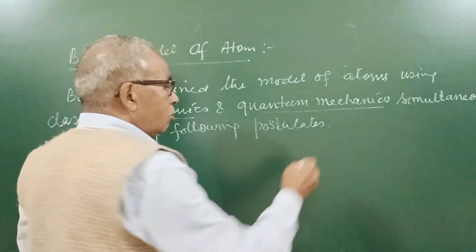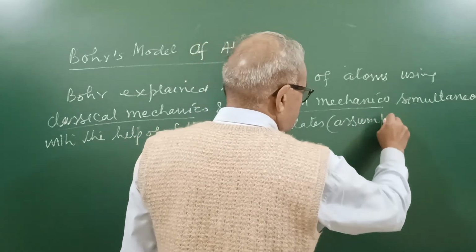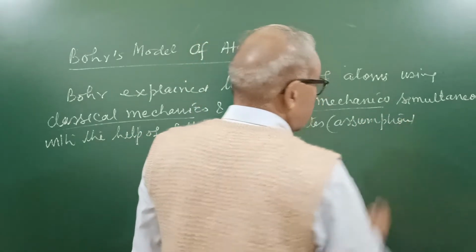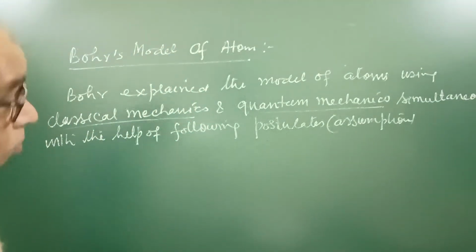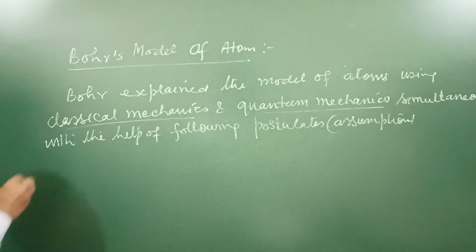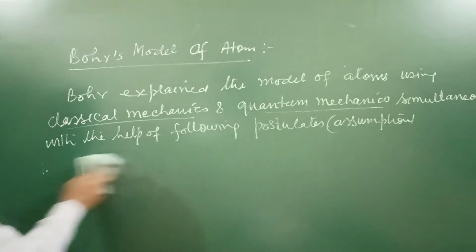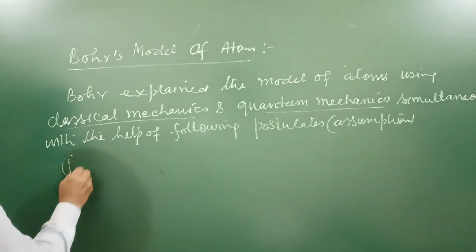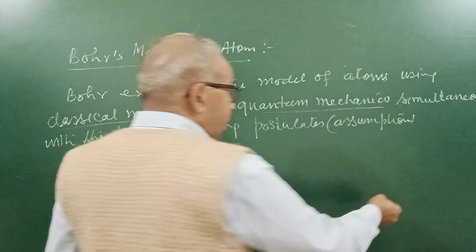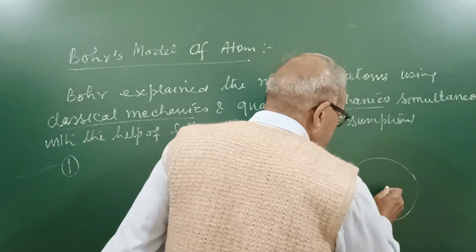Following postulates, we can also say assumptions. Bohr admitted the nuclear model given by Rutherford. So first assumption is that Bohr agreed that total positive charge and mass of atom is concentrated in the nucleus.